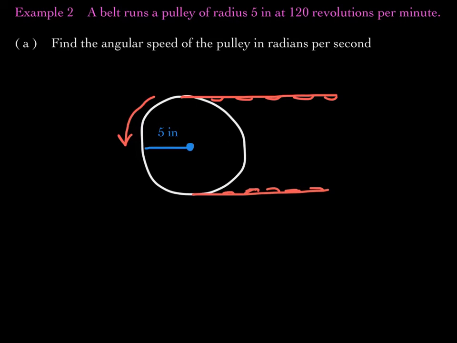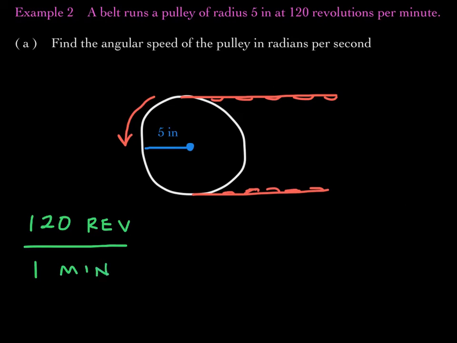Now, the first part says, find the angular speed of the pulley in radians per second. Find the speed at which the angle is changing. All right, to get this started, we're going to set up a ratio. 120 revolutions per minute.